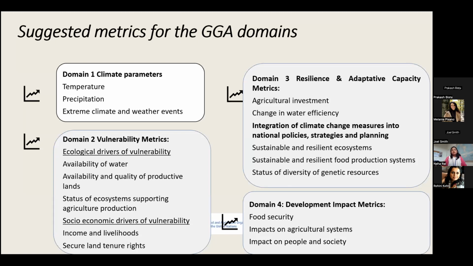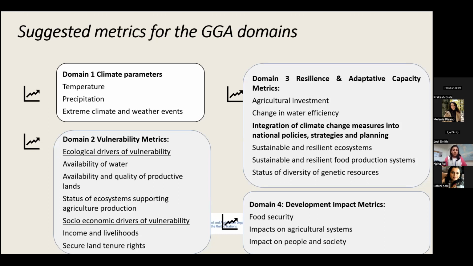Domain 2 is around to what extent adaptation efforts in the agriculture sectors are reducing vulnerability, where vulnerability is understood as underlying factors that determine the susceptibility of farmers and communities to climate risks and hazards, which play a role in the success of adaptation efforts.